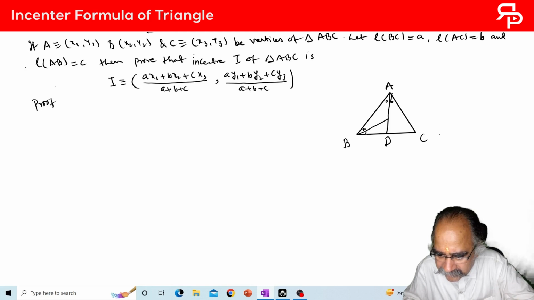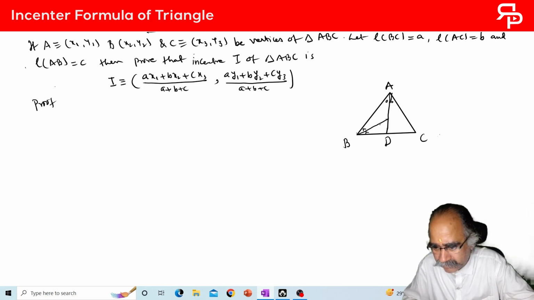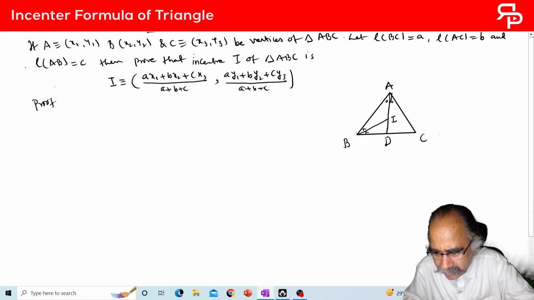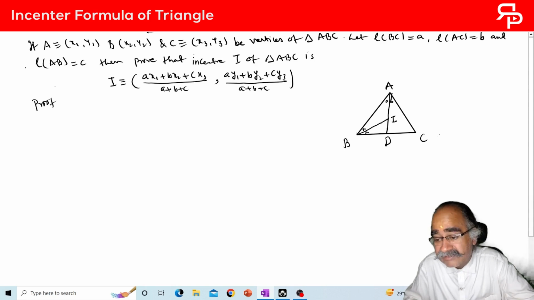This angle is equal to this; both the angles are congruent. So these two angle bisectors are meeting at I. So I will become the incenter of triangle ABC.